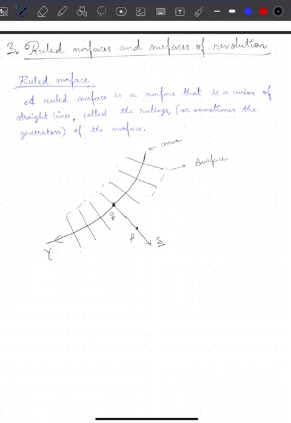Along this curve, let us have a parameter, u, which increases. So u goes like this and v goes along the lines.